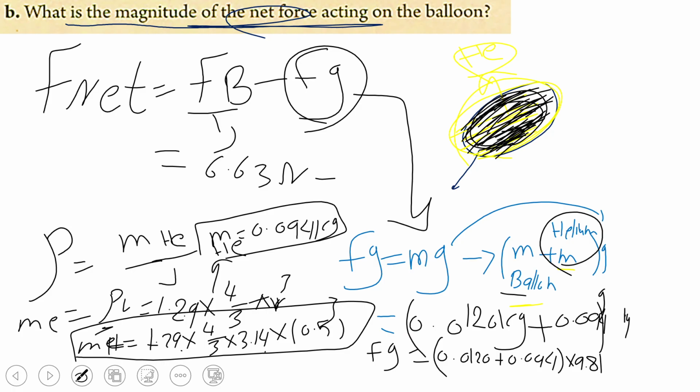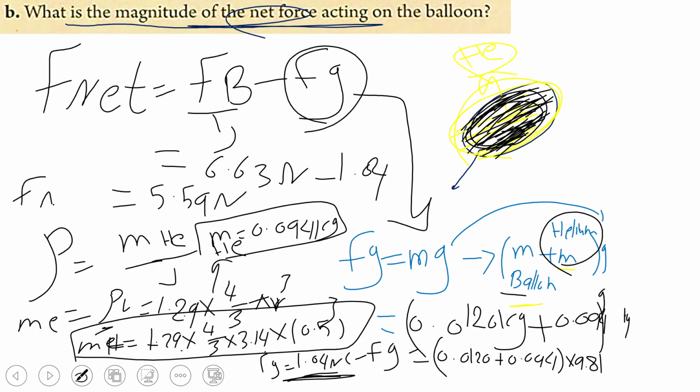Multiply all together. The answer becomes 1.04. Fg becomes 1.04 Newton. So put this Fg in here, 1.04 Newton. Minus it together, the last answer becomes 5.59 Newton, the net force.